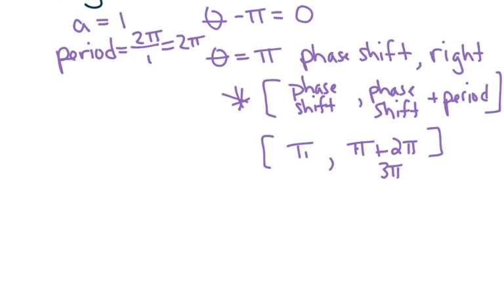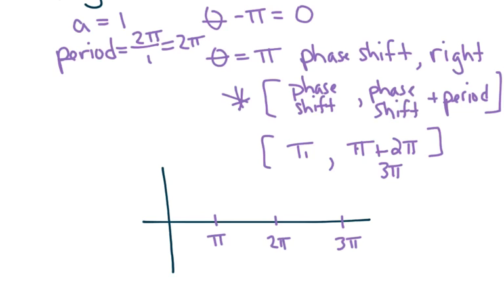So when I go graph this, there's my coordinate plane. I'm just going to put pi here, and then I'm going to put 3 pi here. Those are my first and last tick mark. Remember, we're going to have 5 tick marks just like we did in the last section. So what's the tick mark in between? Well, it's going to be 2 pi.